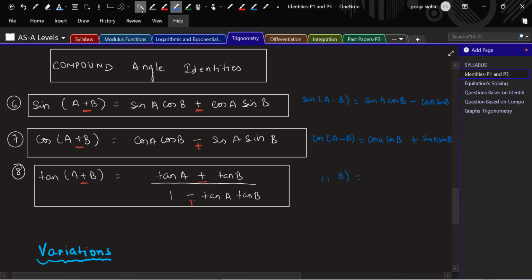Tan A minus tan B upon 1 plus tan A tan B. Correct? Right? Clear? Yeah.